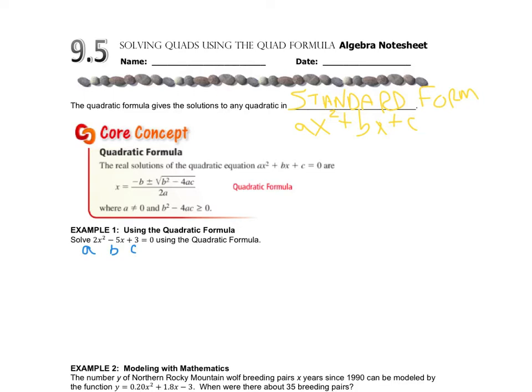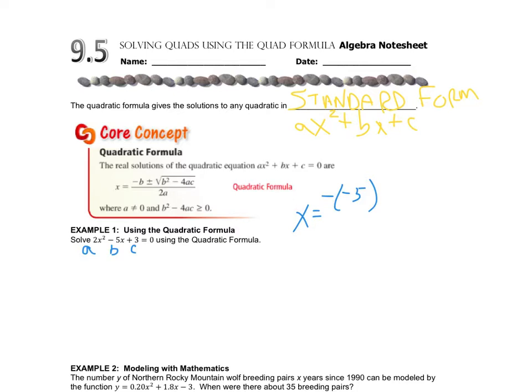First, we're just going to plug in what we have and then solve from there. Notice that it is a minus b in the top, which means it is a minus negative 5. It's not just negative 5. It's got to be a negative b, so it has to go in as a negative 5.